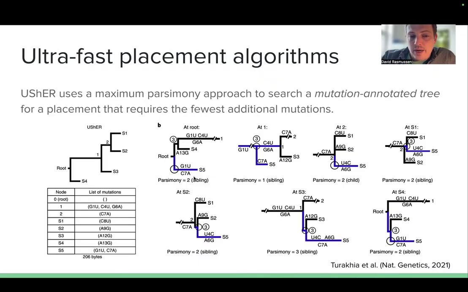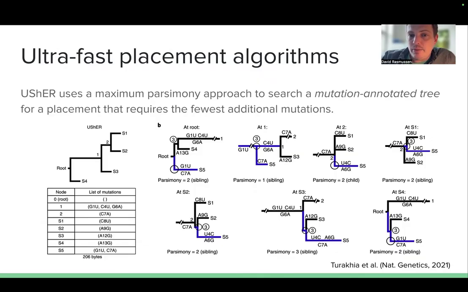And so for adding this sample in some positions, it would require two additional mutations to explain the sequence data based on what mutations have already been mapped onto the tree, or even three mutations, but there's at least one position in which only one additional mutation would be required to explain the data observed at the tips.